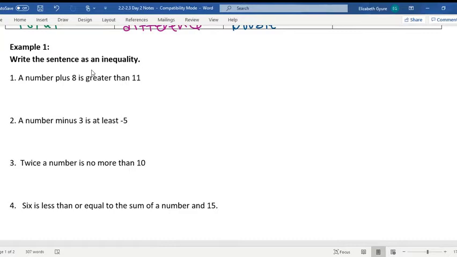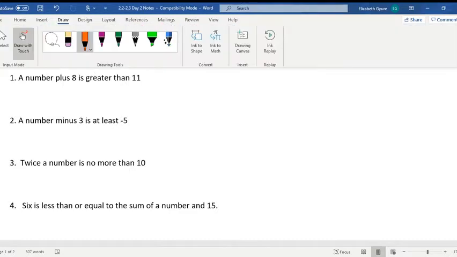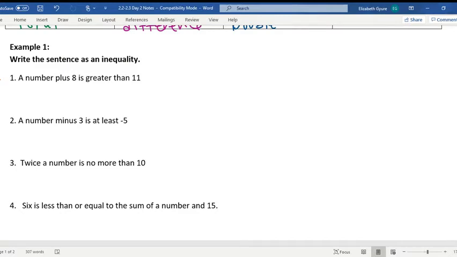So, write the sentence as an inequality. We are going to circle our numbers and box our math action words. So, a number plus 8 is greater than 11. Where are my important numbers? 8 and 11.